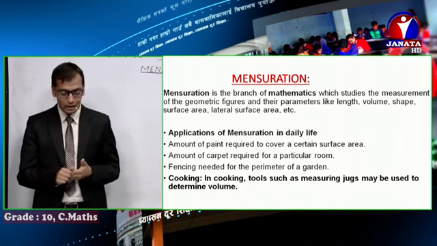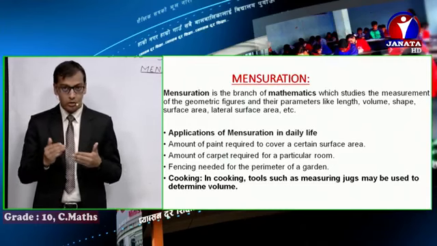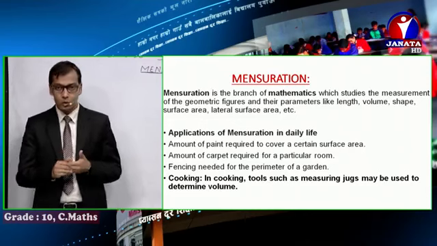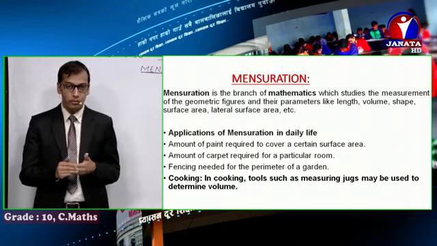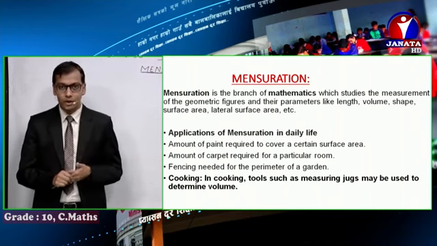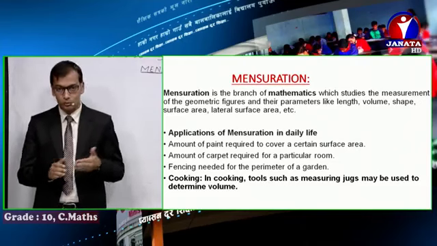For example, I can take a simple example. When we cook food, while preparing food, obviously we measure water by using different measuring tools. Let's take the example of a measuring jug. We measure water, that determines volume.